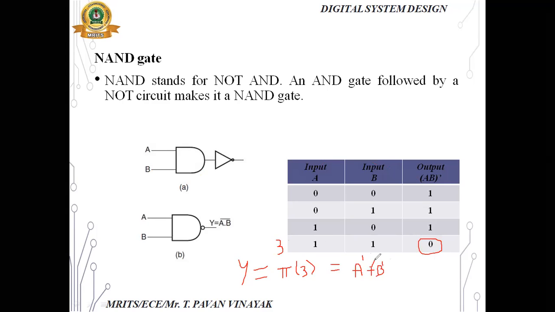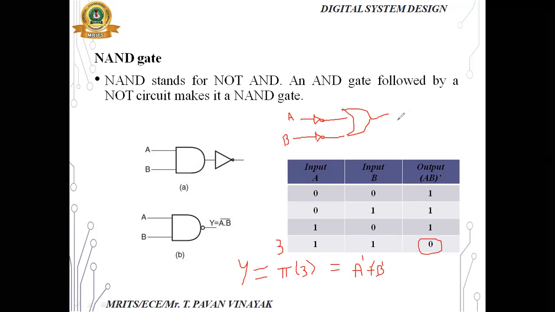So the circuit can be written as how? See, this is OR. Okay. We write a NOT gate because of A bar. So this is A, this is B.